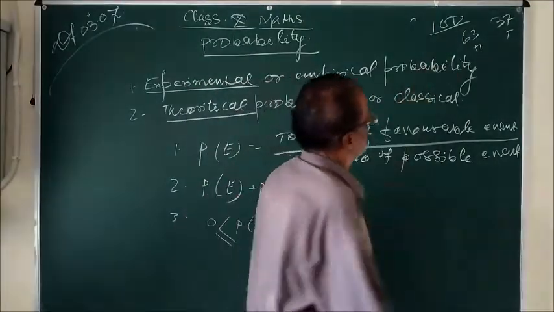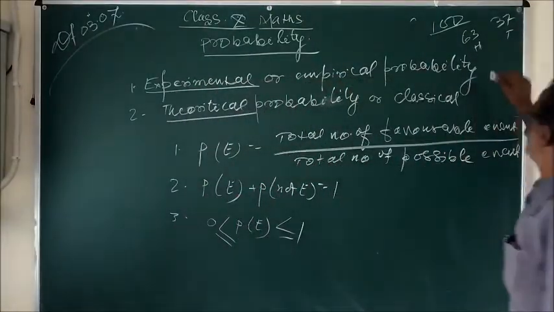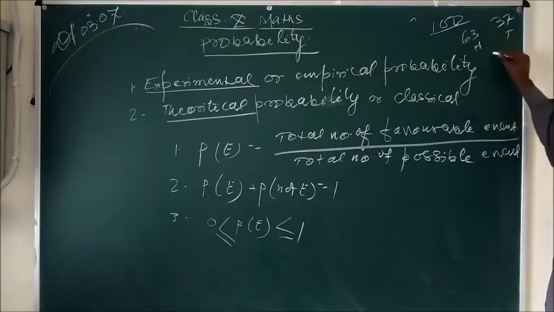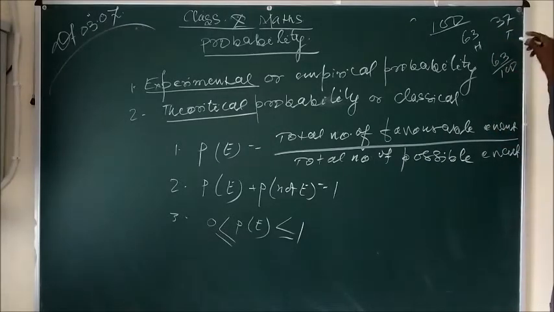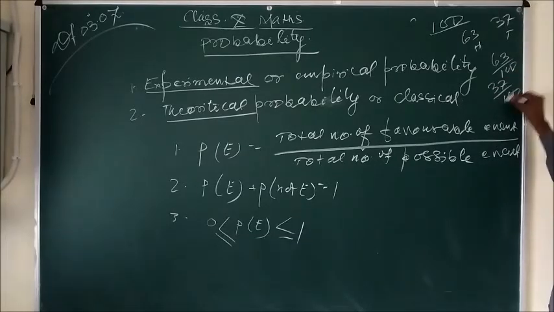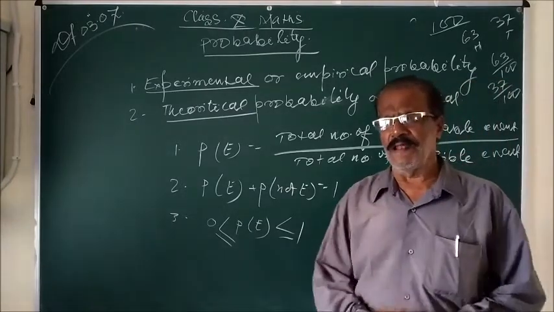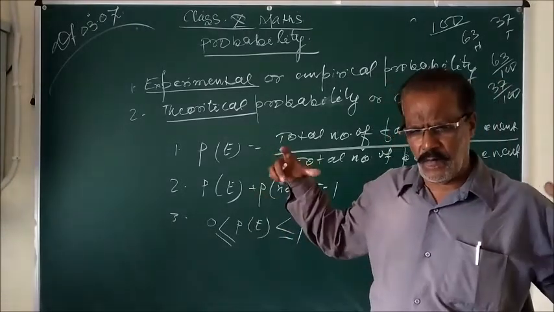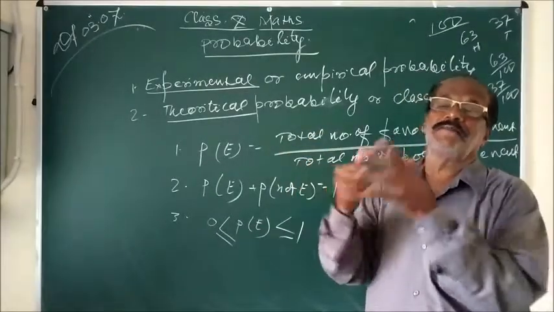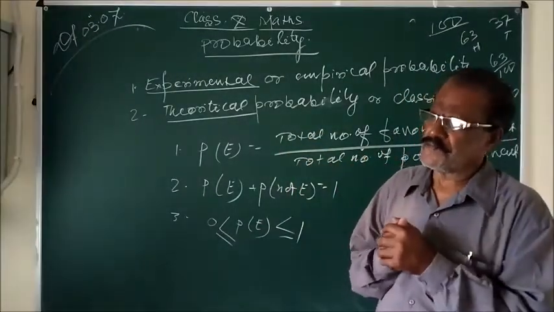So the number of heads is 63 out of 100, and tails 37 out of 100. If you find these values in decimal, they are very close to 0.5, which means half.